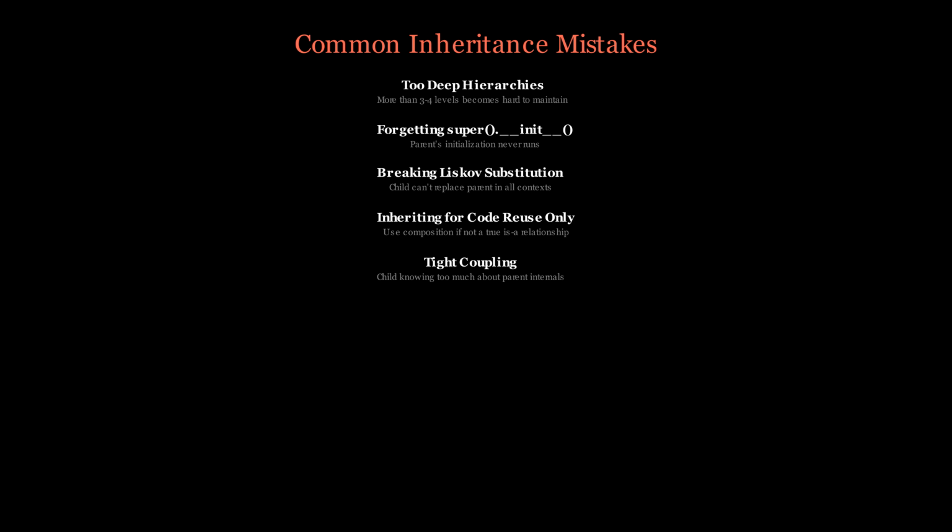Respect Liskov substitution. Child classes should work anywhere the parent works. Don't inherit just for code reuse. Use composition if there's no true is-a relationship. Avoid tight coupling where children know too much about parent internals. These mistakes lead to brittle, hard to maintain code.